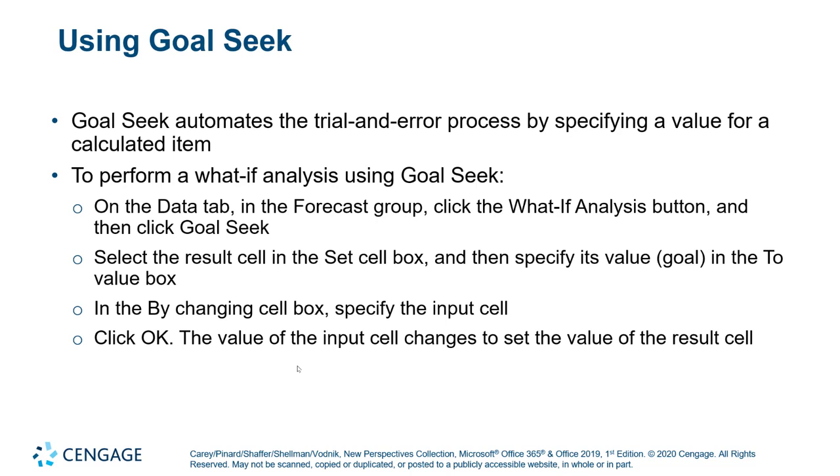Select the result cell in the Set Cell box and then specify its value, or the goal, in the To Value box. In the By Changing Cell box, specify the input cell. This is a cell that will change in order to get the goal that you're looking for. Click OK. The value of the input cell changes to set the value of the result cell.